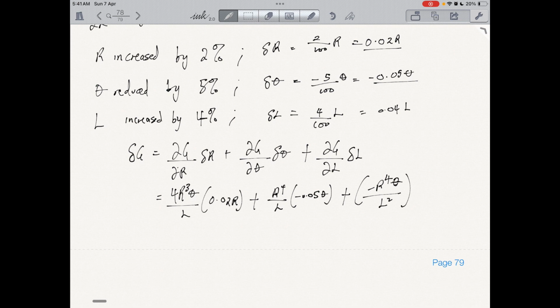Then we are multiplying by the change in L, which is 0.04 L.